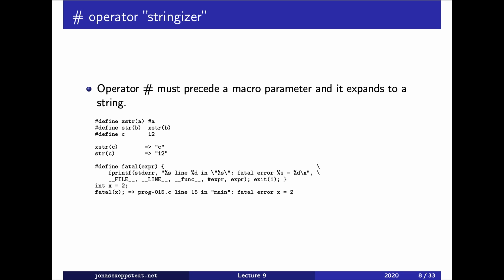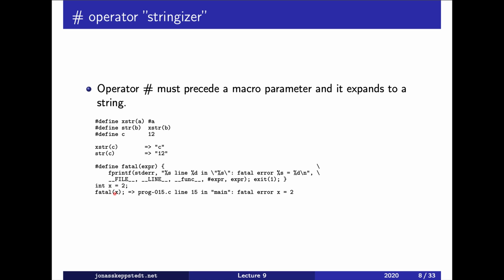Why do we want this? Well, it can be convenient to be able to write the name of a variable, for instance. Say we have a macro that should inform the programmer that some disaster has happened. So we can use it like this. Say we have this variable and we set it to 2, and then we use this.